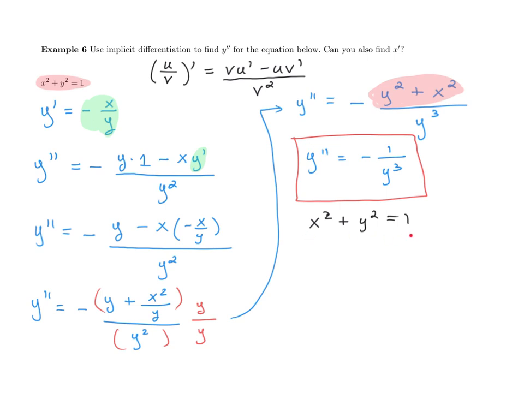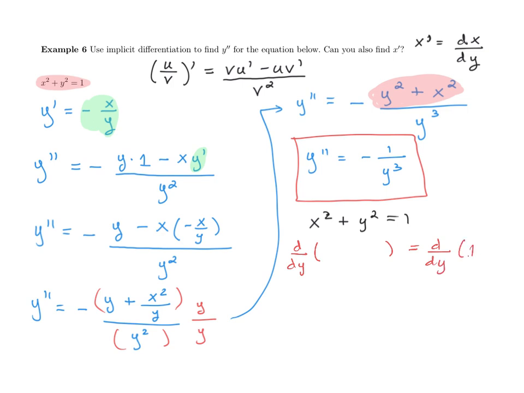How do you go about doing that, and what does that even mean? x prime in this case means you're taking the derivative of x with respect to the other variable, which is y. So here, I want to try that with this equation. I want to differentiate this thing, not with respect to x, but with respect to y, just to see what that looks like.